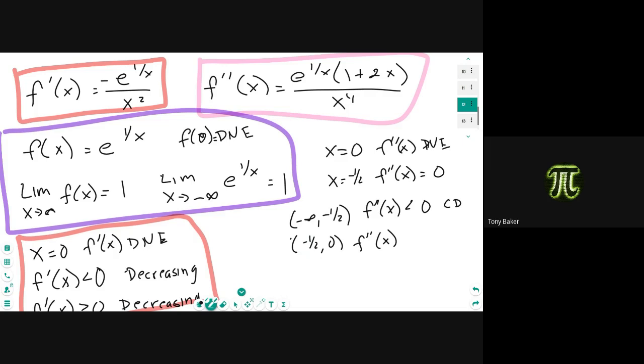So that's positive, and now that's positive, so that means it's greater than 0, so it's concave up. And from 0 to infinity, it's always positive, so that means it's also concave up. Does everybody know where I got all this stuff from?